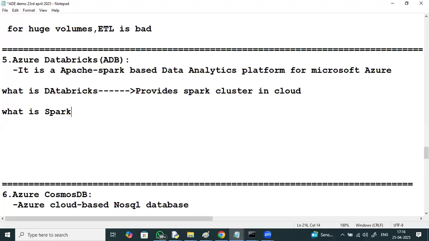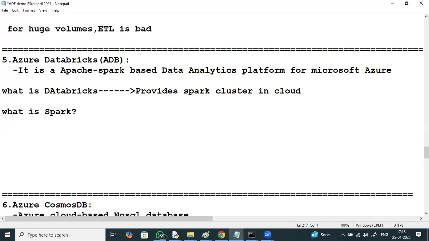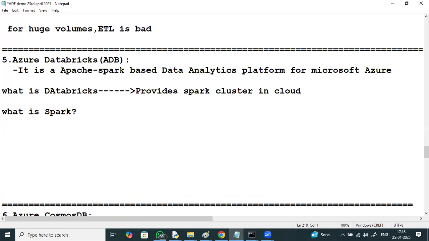What is Spark? It is an execution model.